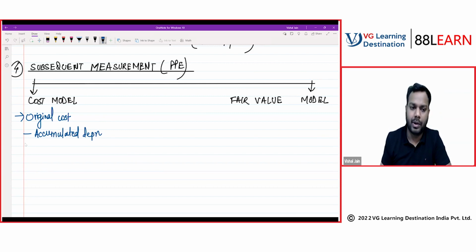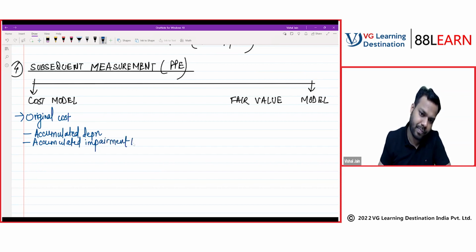It's the total depreciation till that time. Very good. Now minus accumulated impairment loss.